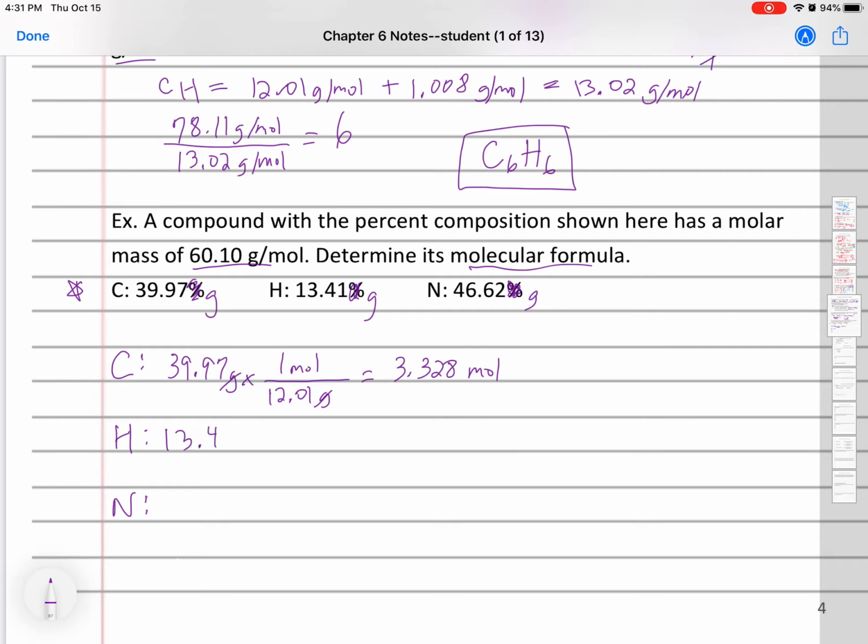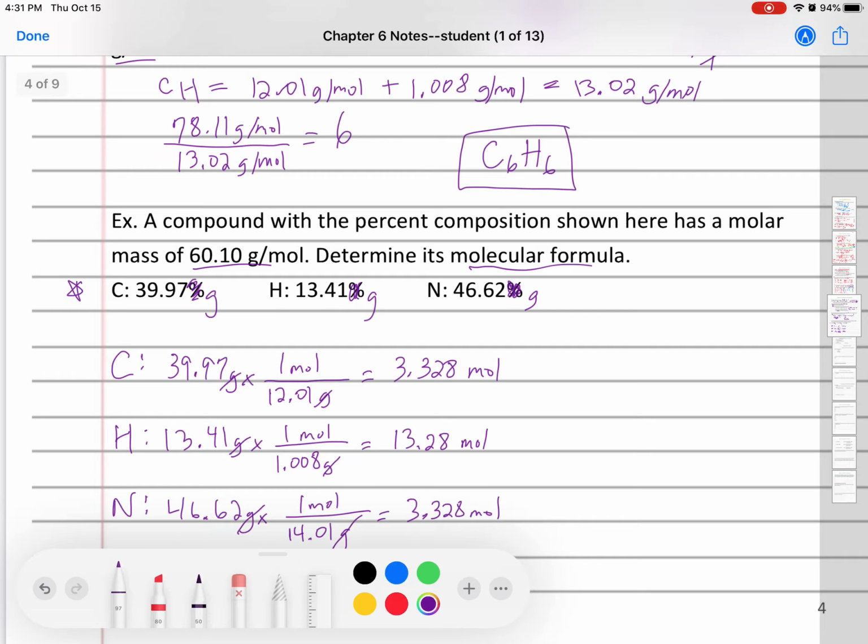And for hydrogen, 13.41 grams divided by the molar mass gives us 13.28 moles of hydrogen. And for nitrogen, 46.62 grams divided by 14.01 grams gives us 3.328 moles.